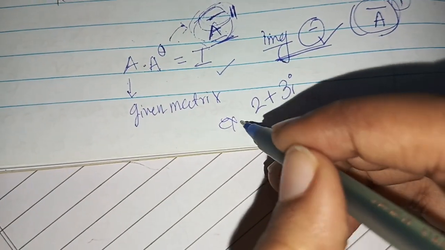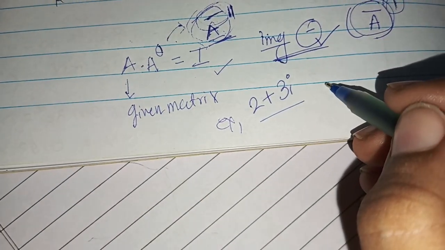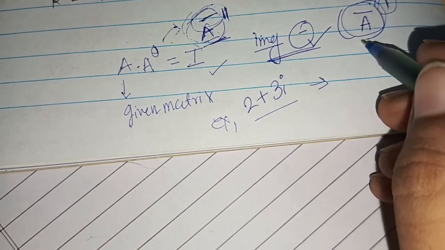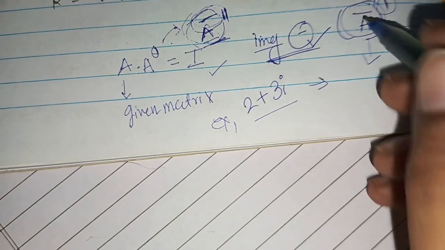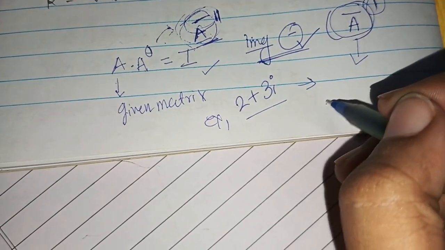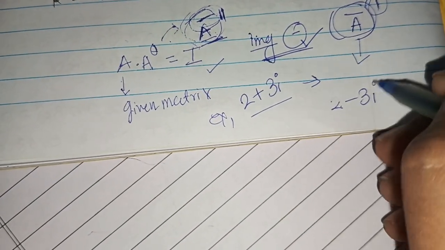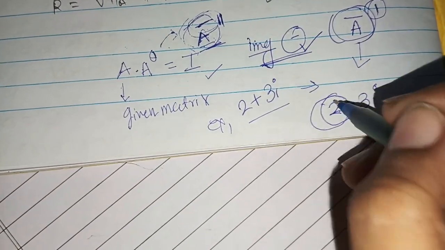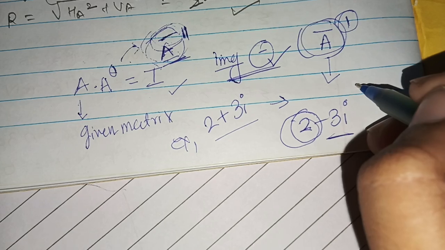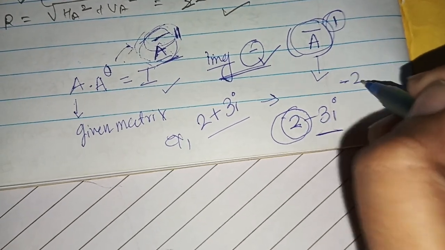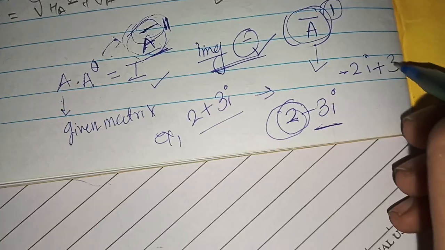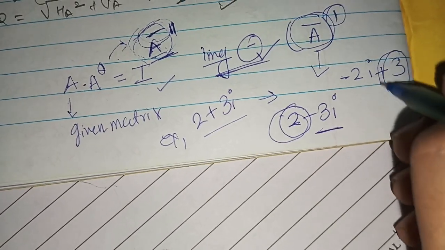For example, we have the number 2+3i, a complex number. If you take the conjugate of it, what will your answer be? 2 minus 3i. You just have to change the sign of the imaginary part, not the real part. If something is written like 2 minus 2i plus 3, what people do is change the sign of the second number.